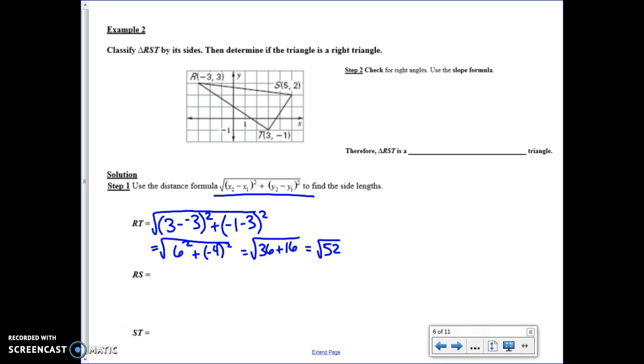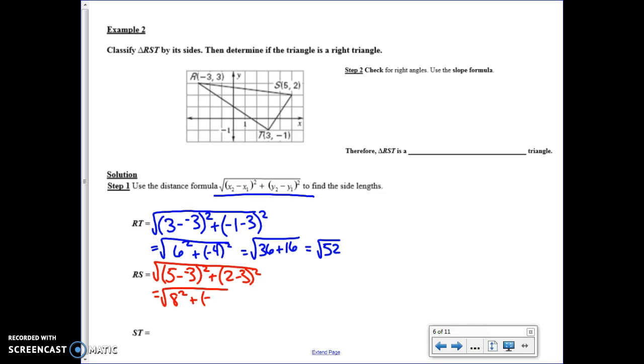Okay, so RS then, I'm going to find those 2 points. So I'm going to subtract my x values. So I'm going to do 5 minus a negative 3. And then I'm going to do 2 minus 3. So 5 minus a negative 3 is 8.